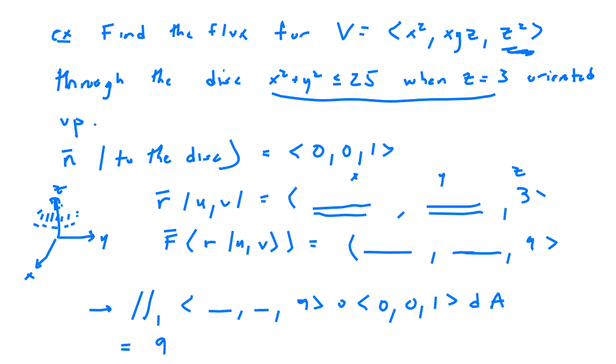So therefore, what am I going to multiply by? The area of the disk, right? Which is just pi r squared. And r we can see is 5.